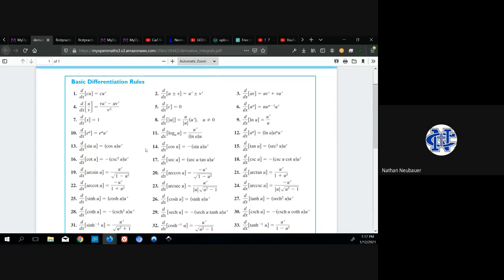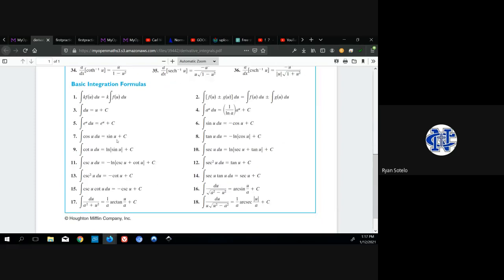But here's your integrals. The integral of e to something is e to something. The integral of sine is negative cosine. The integral of cosine is sine. When you don't have the endpoints, when you can't plug in numbers, they all get a plus c. So whenever you do an indefinite integral and you don't have values to plug in, you always have to add the plus c. But you have these here to help you, right?